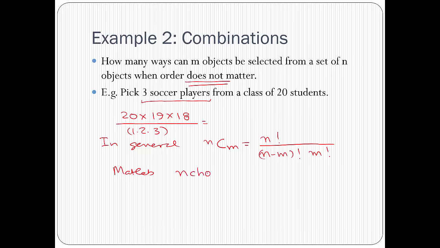It is called nchoosek, and you have to provide n and k, and the answer y would contain the number of ways in which this can be accomplished. That concludes this lecture.